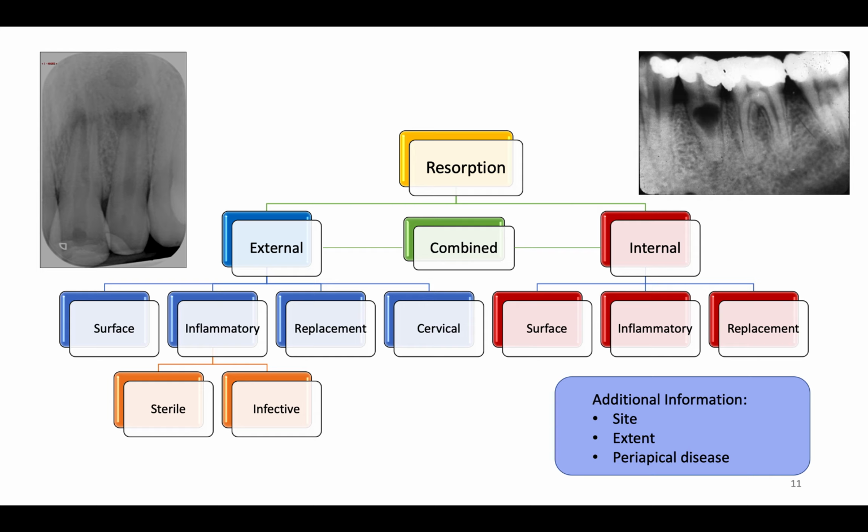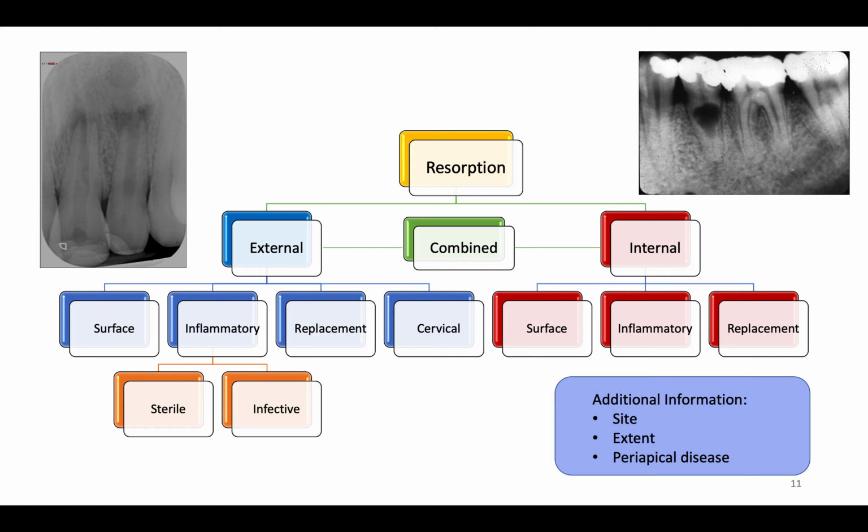Now, for example, if you want to describe the resorption on this premolar, you can say that this tooth has an internal inflammatory resorption in the middle of the root canal. It is extensive, especially on the distal side, and there is no periapical area or radiolucency.